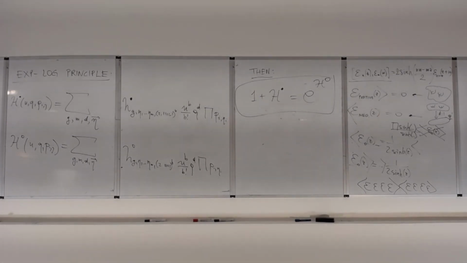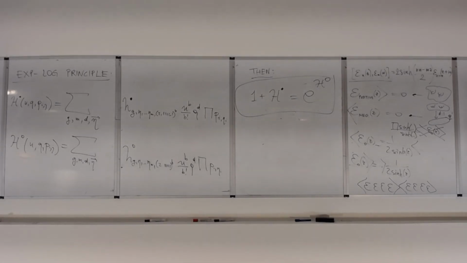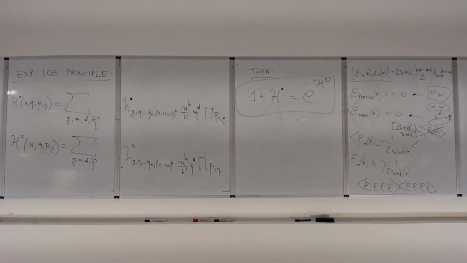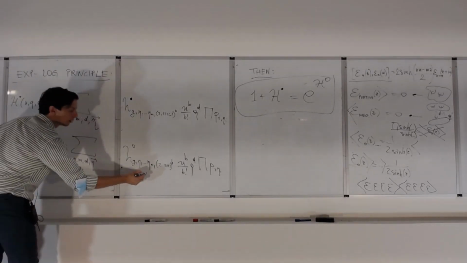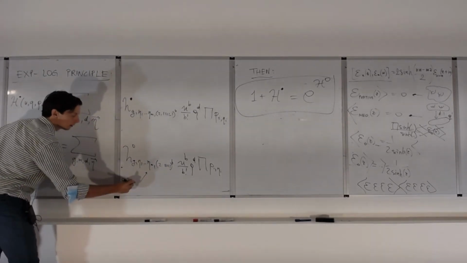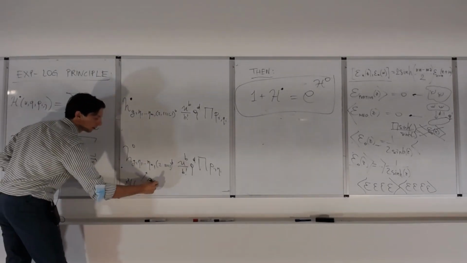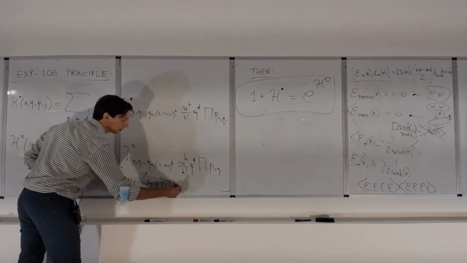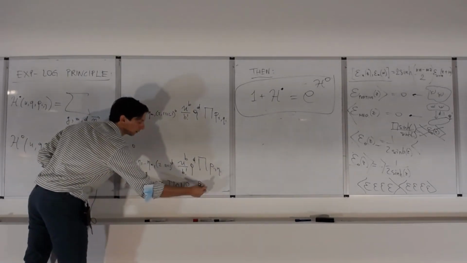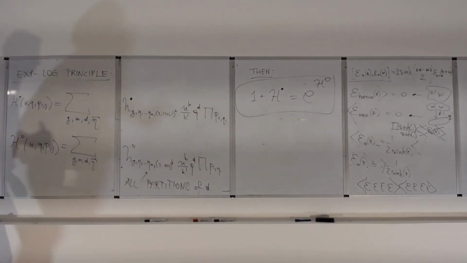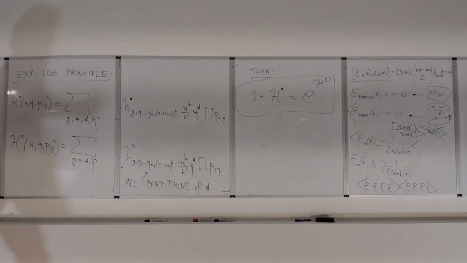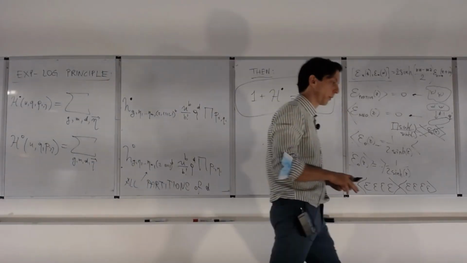You'll have in total a partition of D. And B is also determined. So you don't need to sum over it.